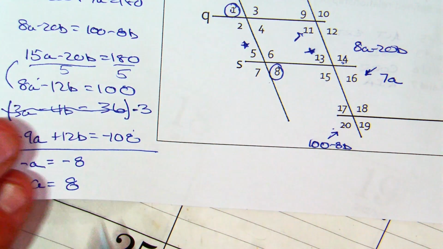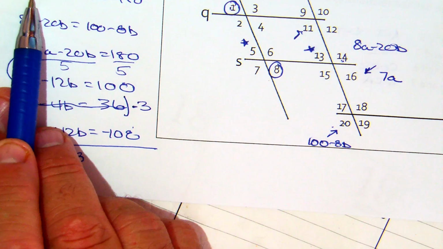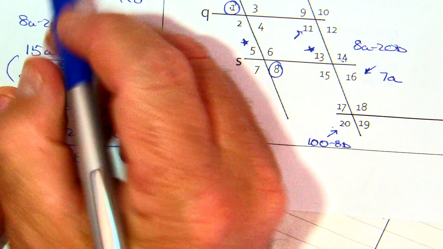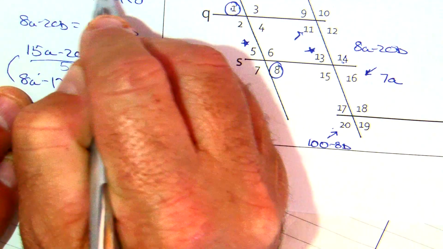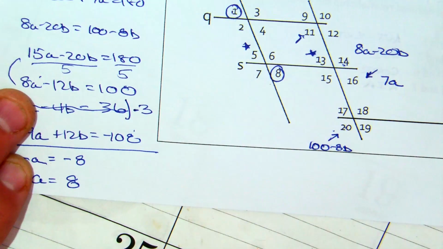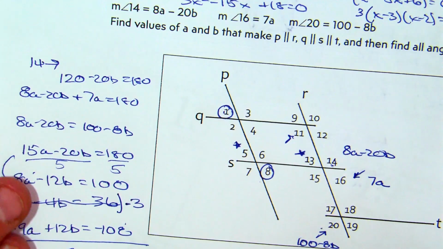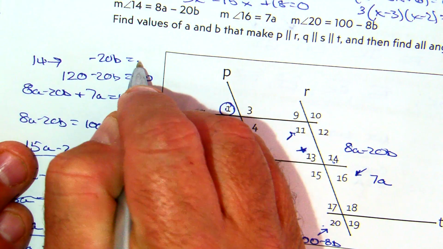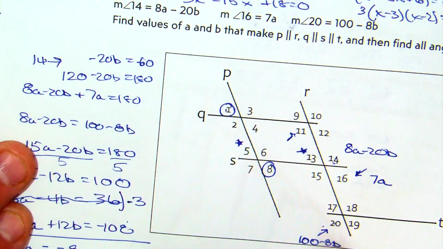If I plug that in here, 8a would be 64, 7a would be 56, 64 plus 56 is 120. If I then subtract 120 from both sides, I'm going to get 60.